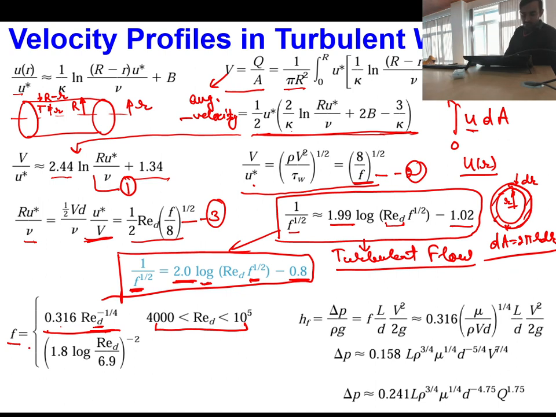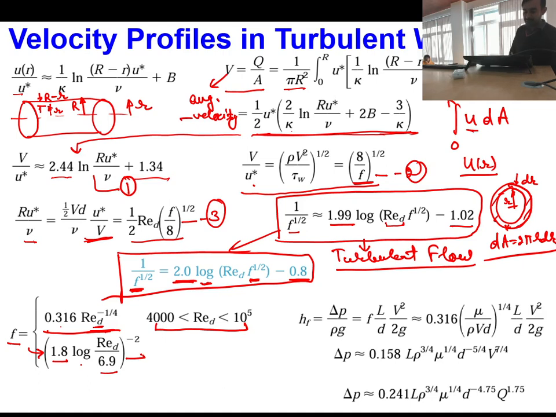So one more equation was proposed later on by some other scientist. At the moment I can't recall the name, and this equation is 1.8 times log of (Reynolds number based on d by 6.9), and the whole to the power minus 2.